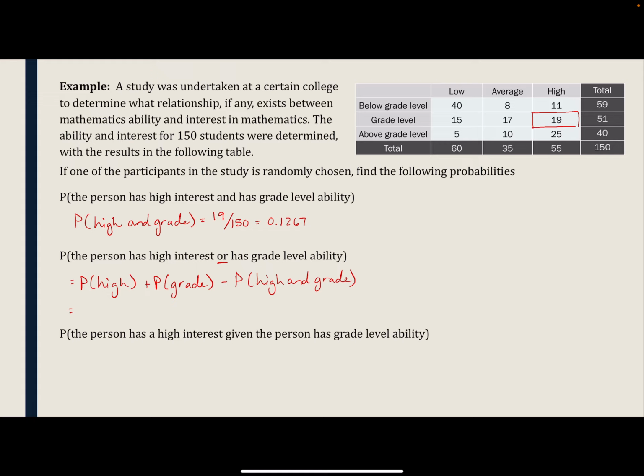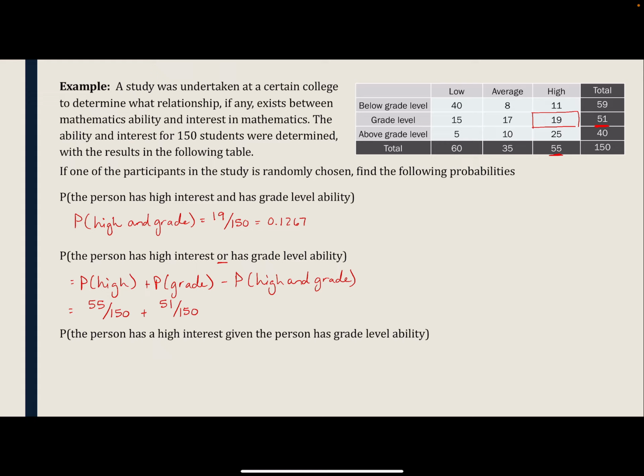So the probability that they have a high interest, well, we have a total of 55 students out of the 150 that have high interest. So this will be 55 out of 150. The probability that the student is at grade level, there's a total of 51 students at grade level, so 51 out of 150.